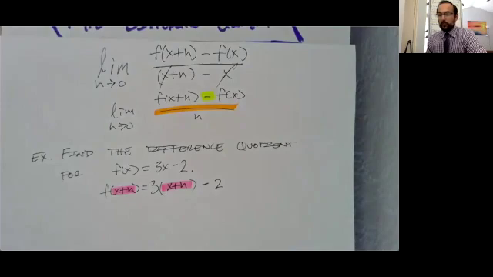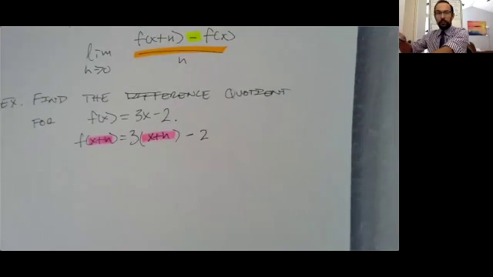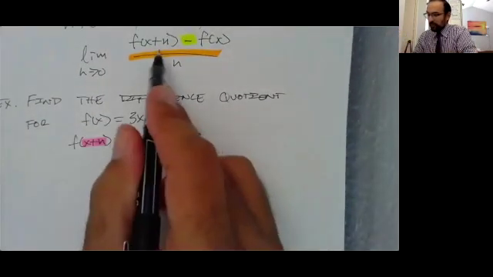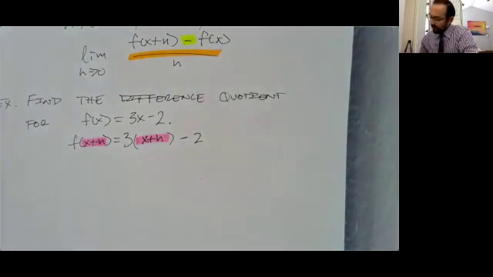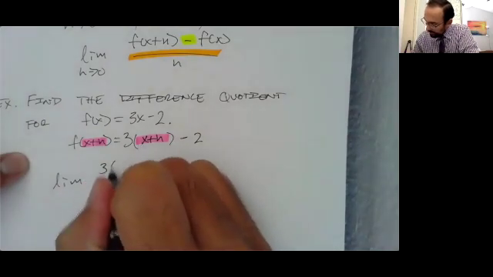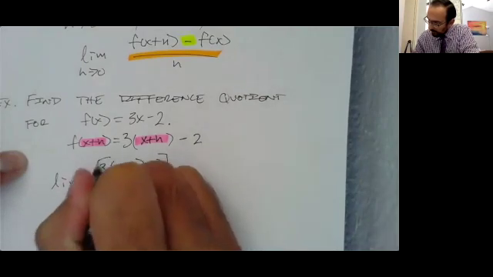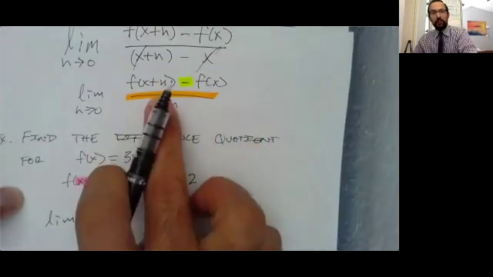Okay, so now I'm going to do this the long way the first time, and then we can simplify this later. So I'm just going to plug in x plus h into my function. I already know f of x, and then I'm going to start evaluating, simplifying before I evaluate. So the limit of f of x plus h, which is 3 times x plus h minus 2, I'm going to put that in a big old bracket because that is my f of x plus h, right?